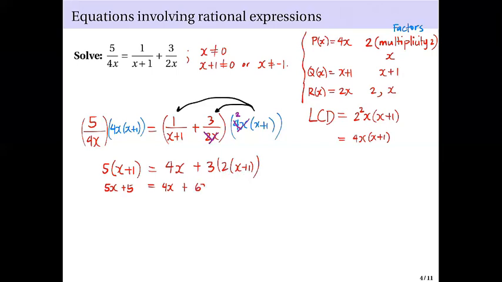We have 6x. And then plus, you have 3 times 2 times 1, that's equal to 6. So we just distributed this. We have 3 times 2, that's 6. And then that 6 is distributed to x plus 1.